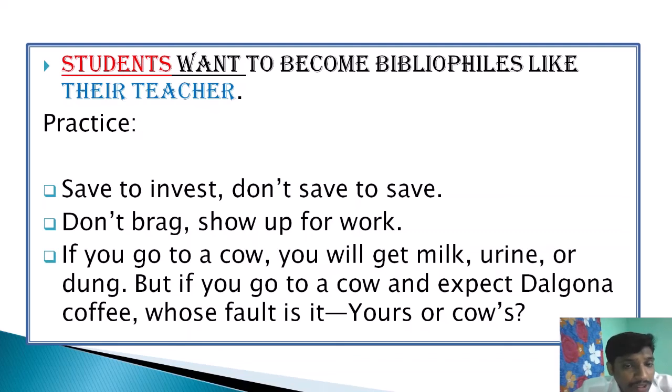Don't brag, show up for work. And third one, if you go to a cow, you will get milk, urine, or dung. But if you go to a cow and expect dalgona coffee, whose fault is it? Yours or the cow's? These are the sentences. Just try to write the words, phrases and clauses from the given sentences.